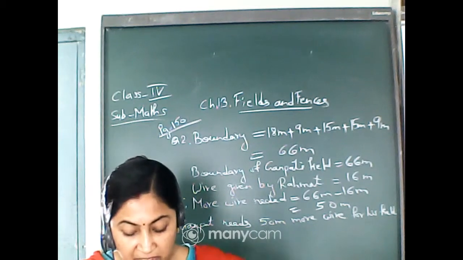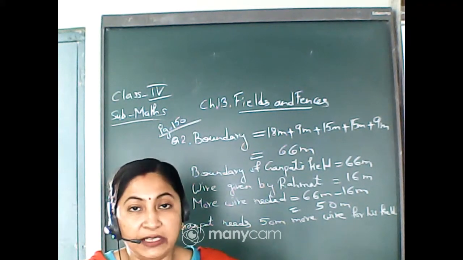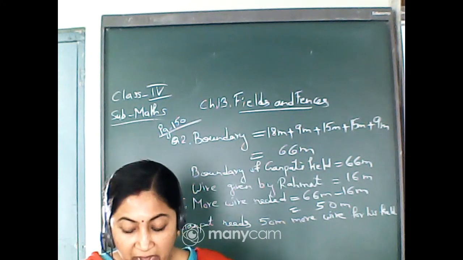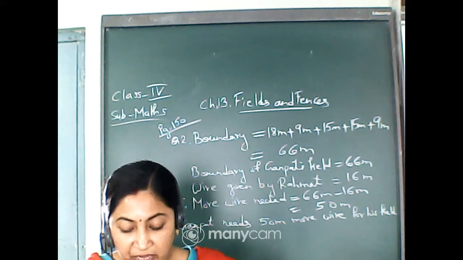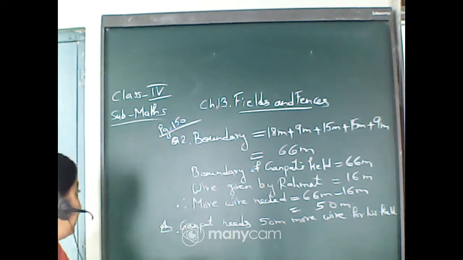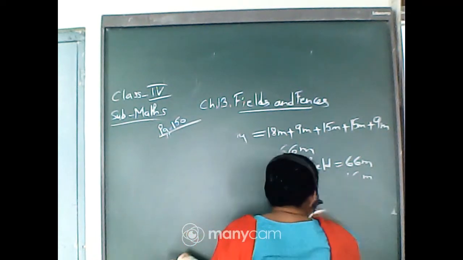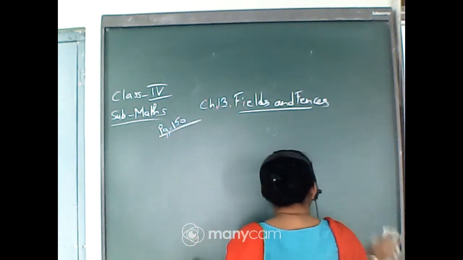Okay, see the first one, number A. It is given, directly you solve, no need to write the statement. Just you will add: boundary is equals to 24 plus 15 plus 6 plus 15. Let us write this one.